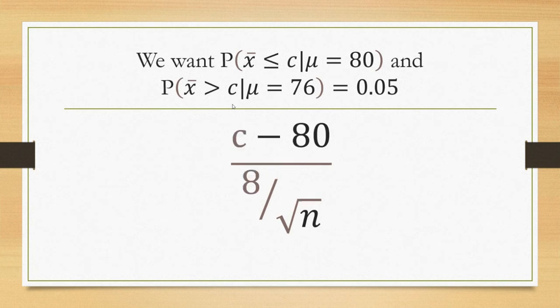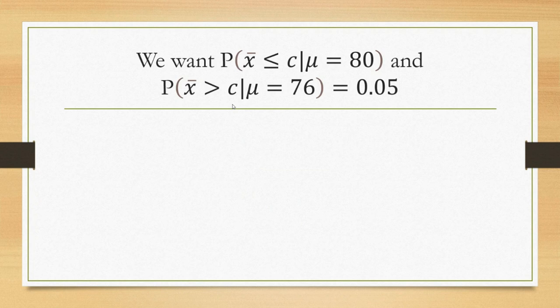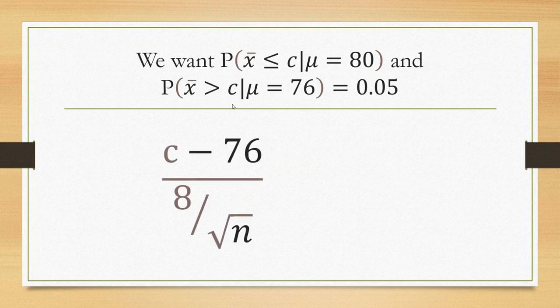So we're going to get z minus 80 divided by 8 divided by square root of n. And since we're looking for the z-score of a sample mean for the left tail, we know this is equal to negative 1.645. Now, for the right tail, it's the same thing, but instead of 80, we're going to use 76. And this is equal to 1.645. The only thing that changes is the positive and negative.